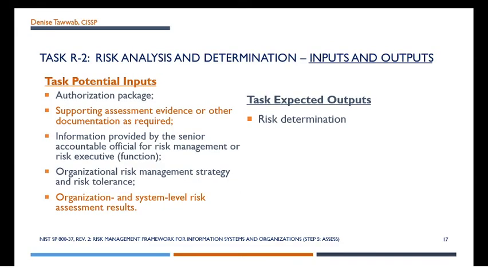The inputs to this task would be your authorization package, supporting assessment evidence or other documentation as required, information provided by the senior accountable official for risk management or the risk executive function, organizational risk management strategy and the risk tolerance, and risk assessments at the organization and at the system level. The expected output is going to be a risk determination.